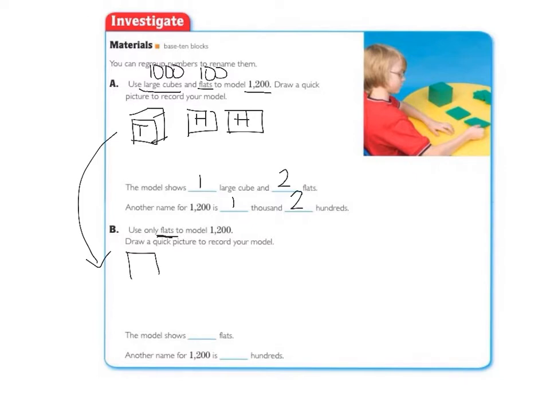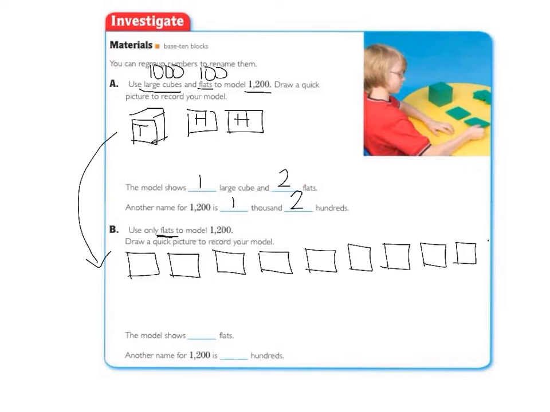So here's 1, 2, and these are all worth 100. 100, 200, 300, 4, 5, 6, 7, 8, 9, 10. 10 hundreds is called 1,000. It's equal to that large cube.